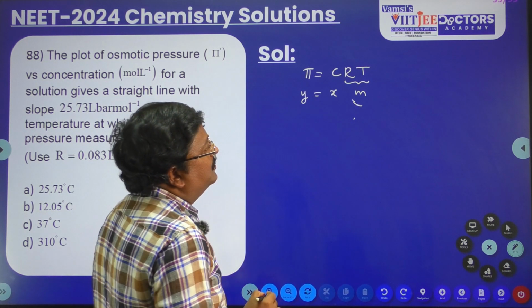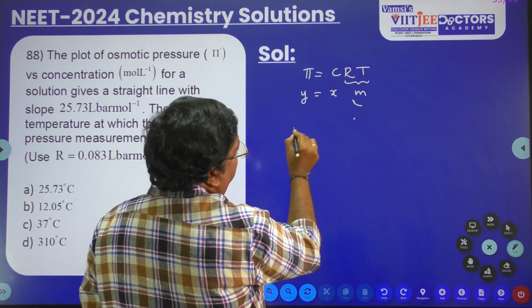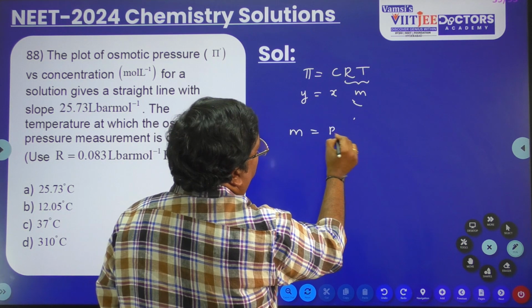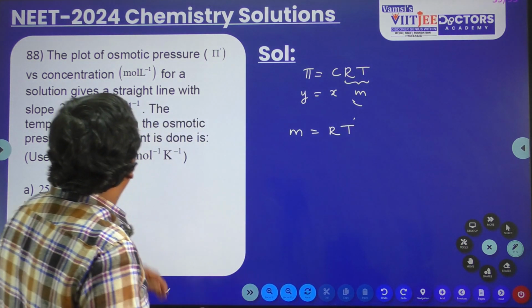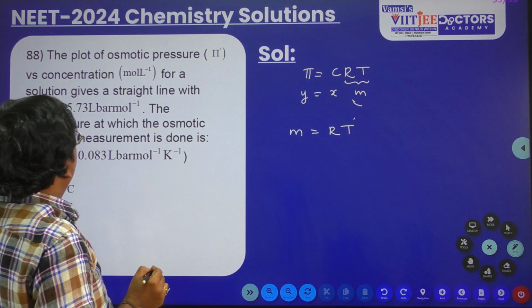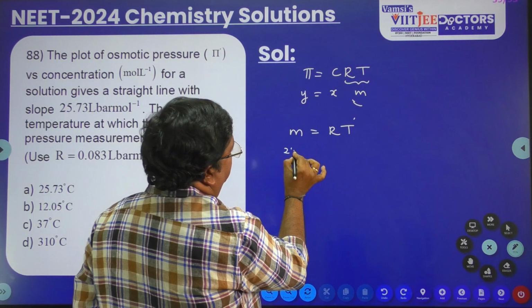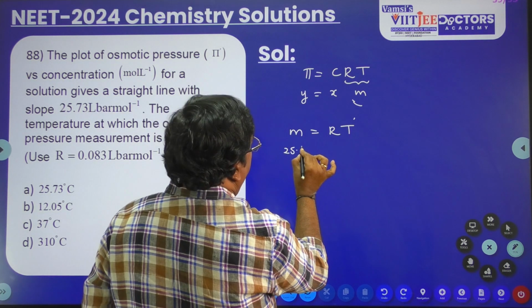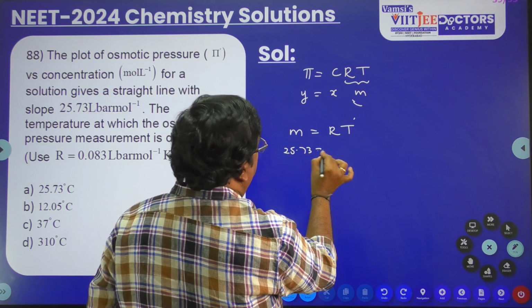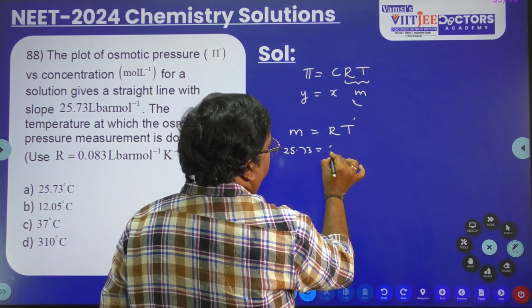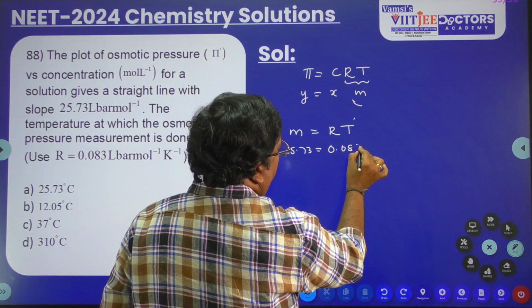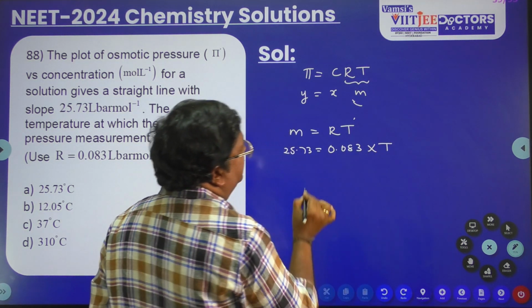Here m is slope equal to RT, right? Here slope value given: straight line with slope 25.73 given, almost units are same. R value also given, 0.083, T must be known.